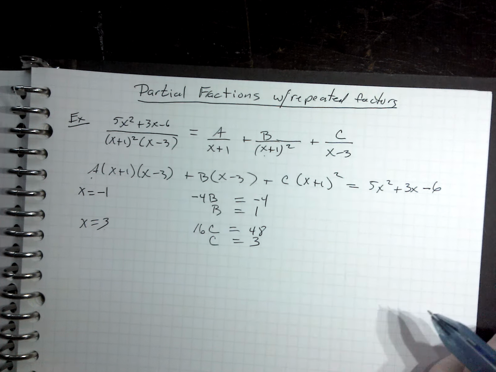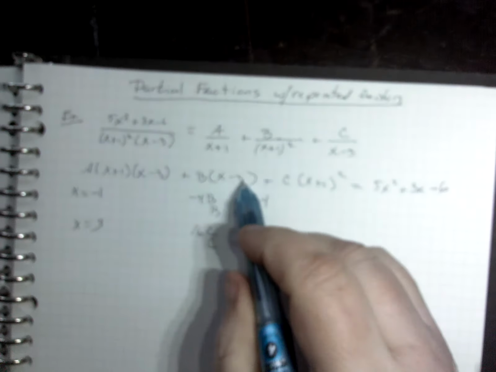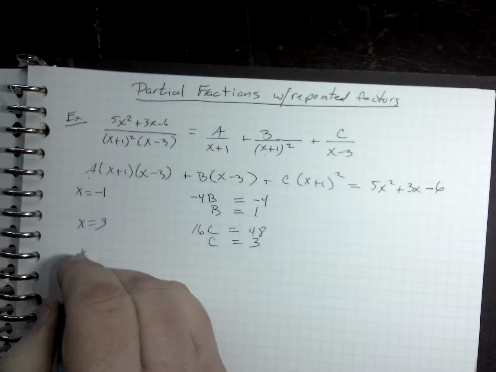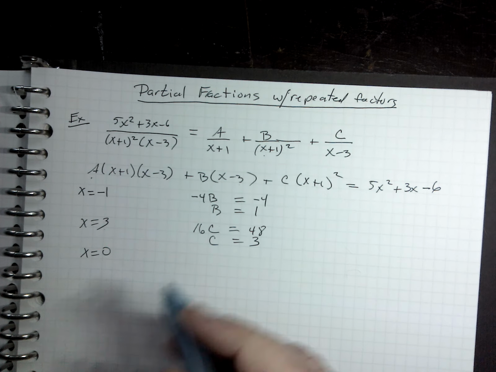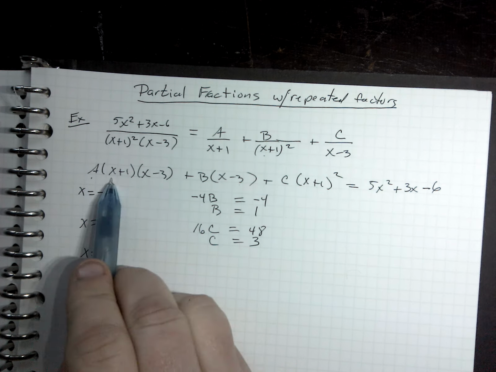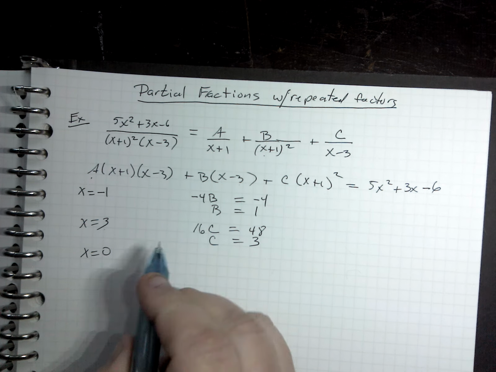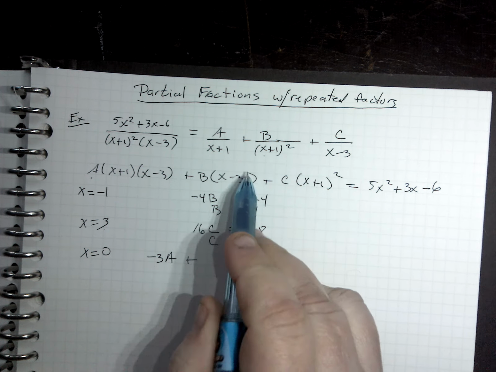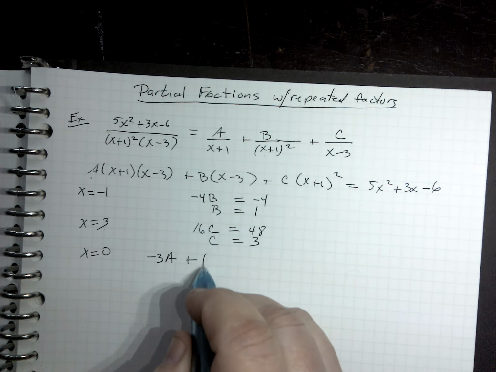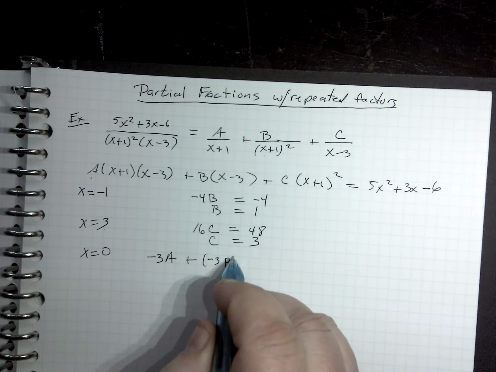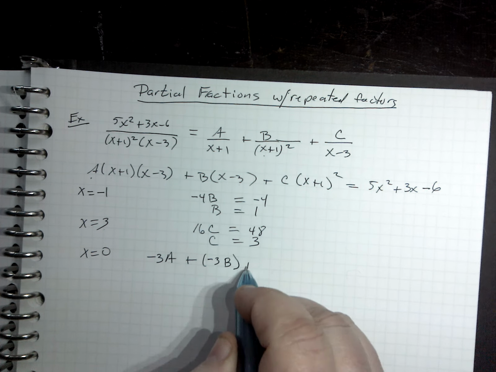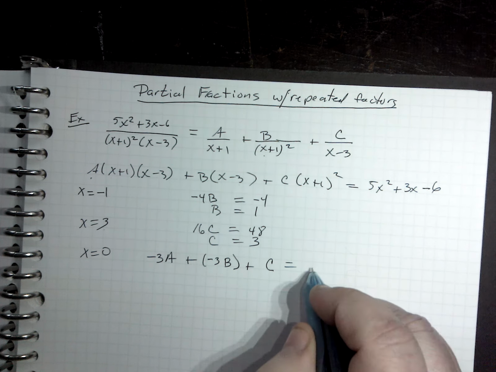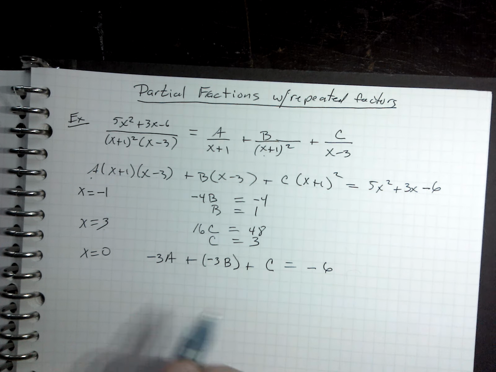Last, I need one more. I don't have any more pretty roots, anything that makes it go to 0, so my next best thing is 0. I like 0. So if I plug a 0 in, let's see, this will be -3A plus 0 in here is a -3B. 0 in here gives me a C, and 0 over here is sweet, gives me a -6.